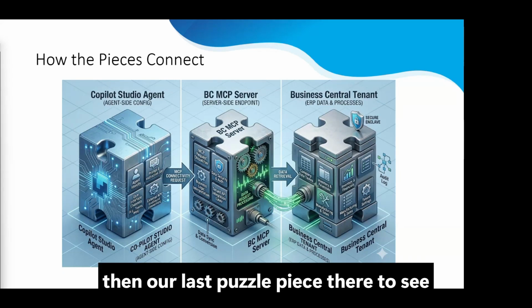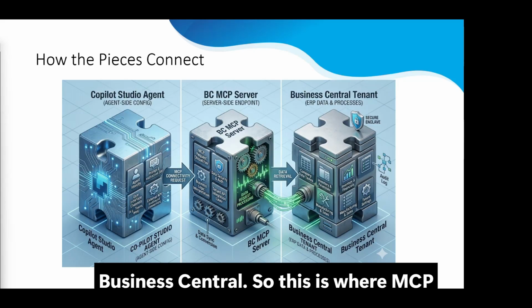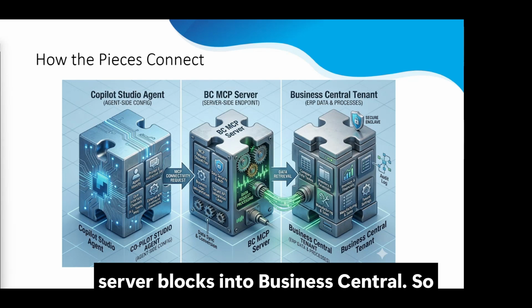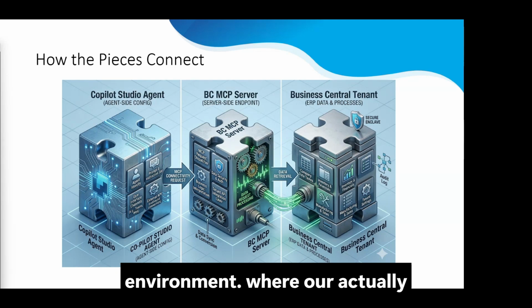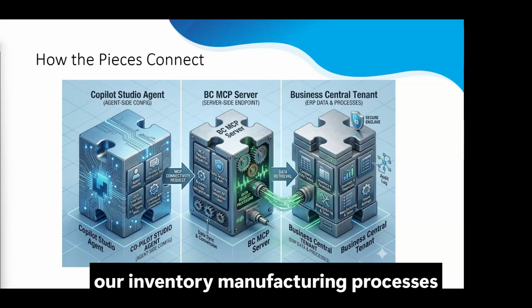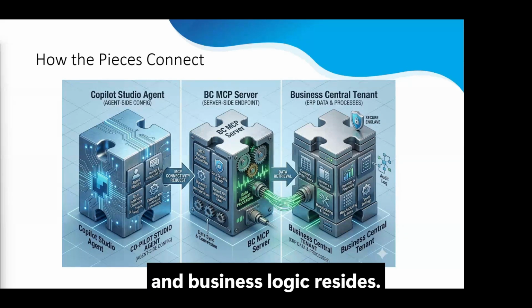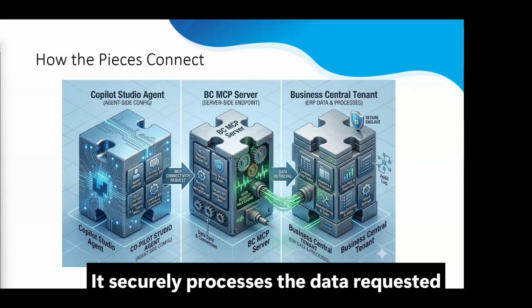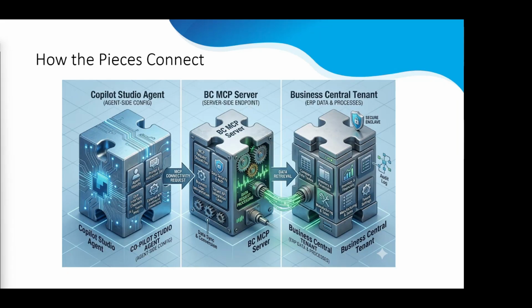Then our last puzzle piece, to see how it all fits together, is Business Central. This is where the MCP server plugs into Business Central. Business Central is our actual ERP environment, where our data tables, our financial records, our inventory, manufacturing processes, and business logic reside. It securely processes the data requested by the MCP server.